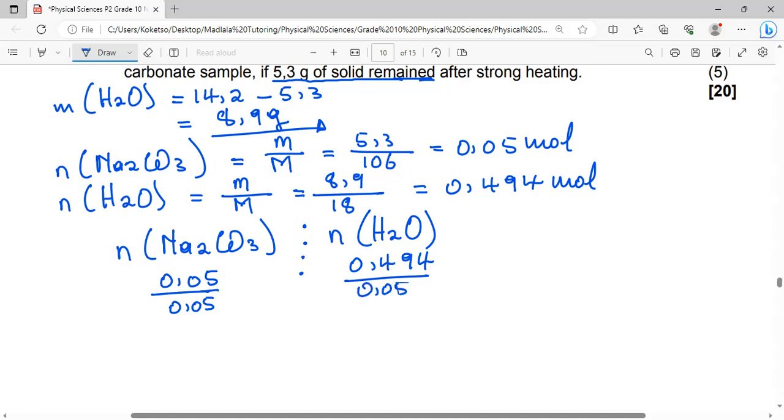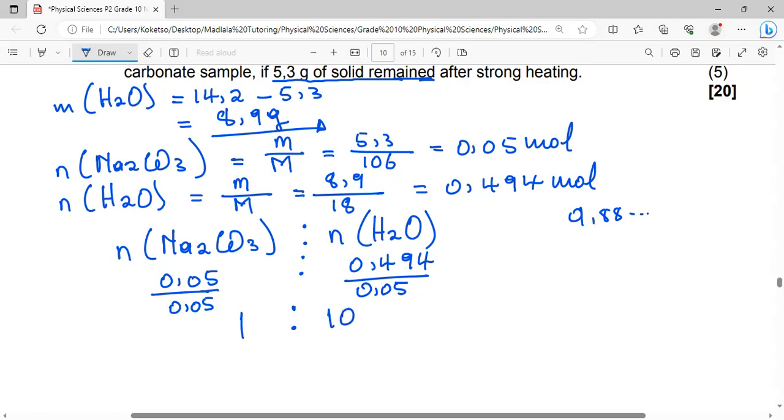Like that. So here we are going to get a solid 1. What about there? So if we say 0.494 divided by 0.05, we are going to get 9.88 all the way. So we are just going to round it up. It's going to give us 10, like that.